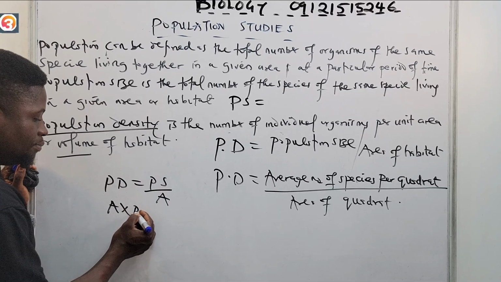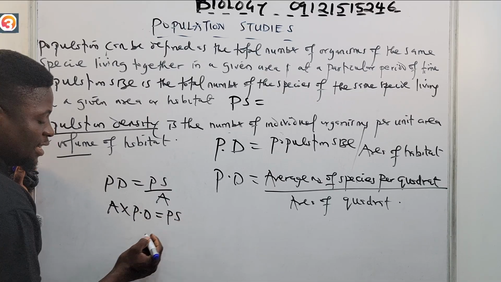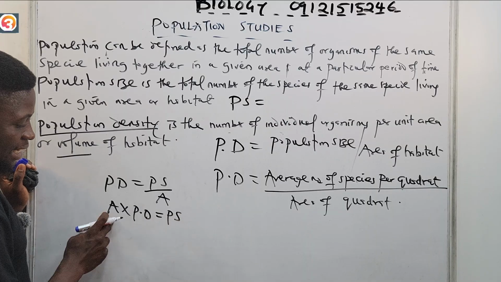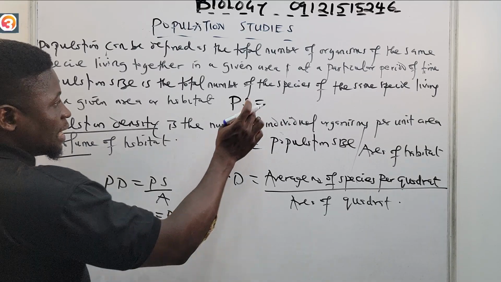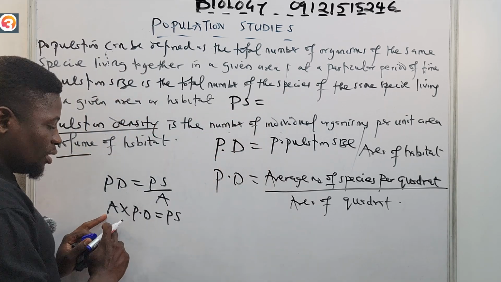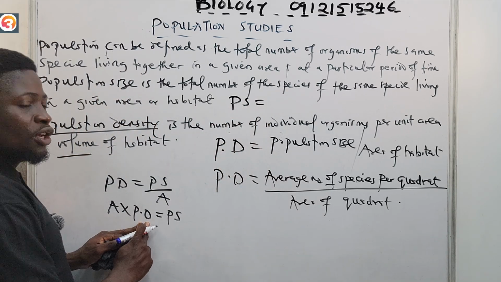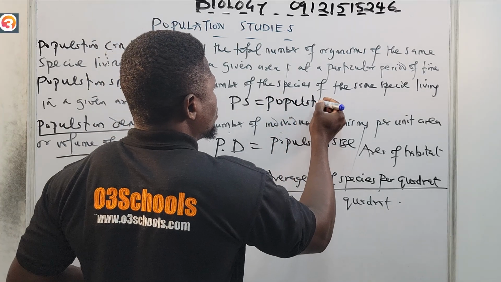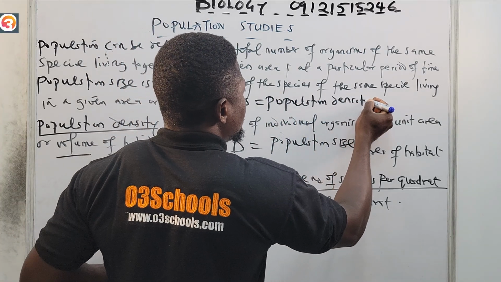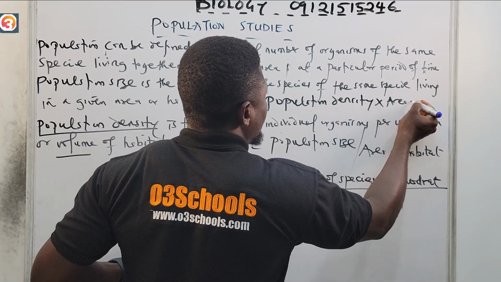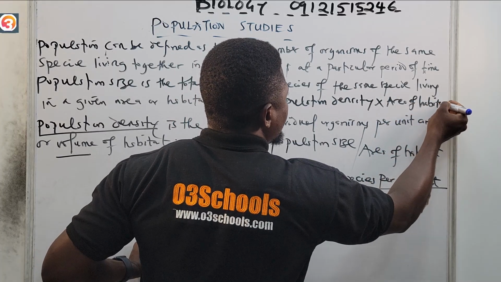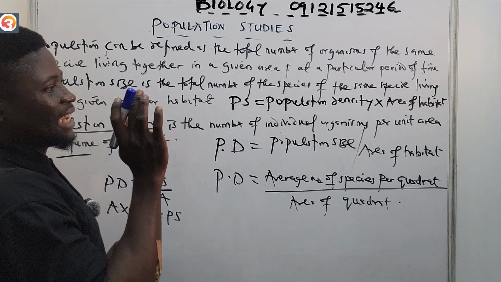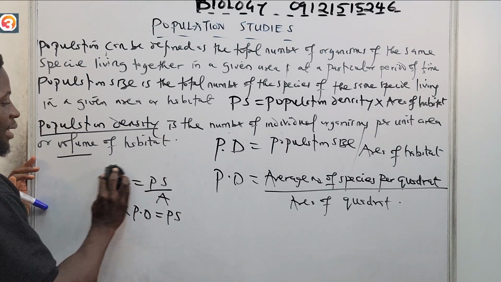So A times PD is equal to PS. Population size will be area of habitat times population density. So population size is population density times area of habitat.